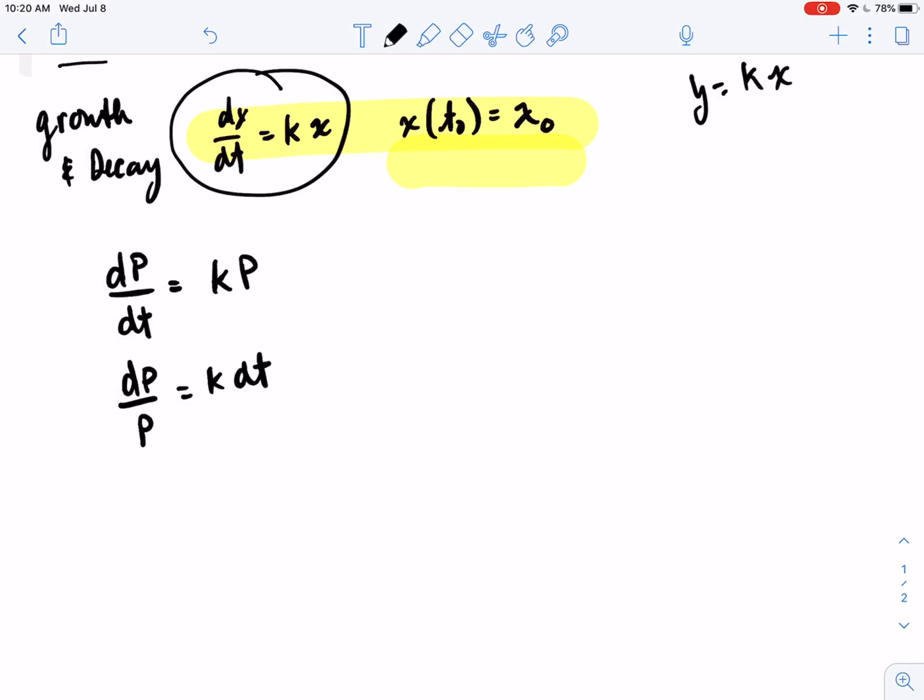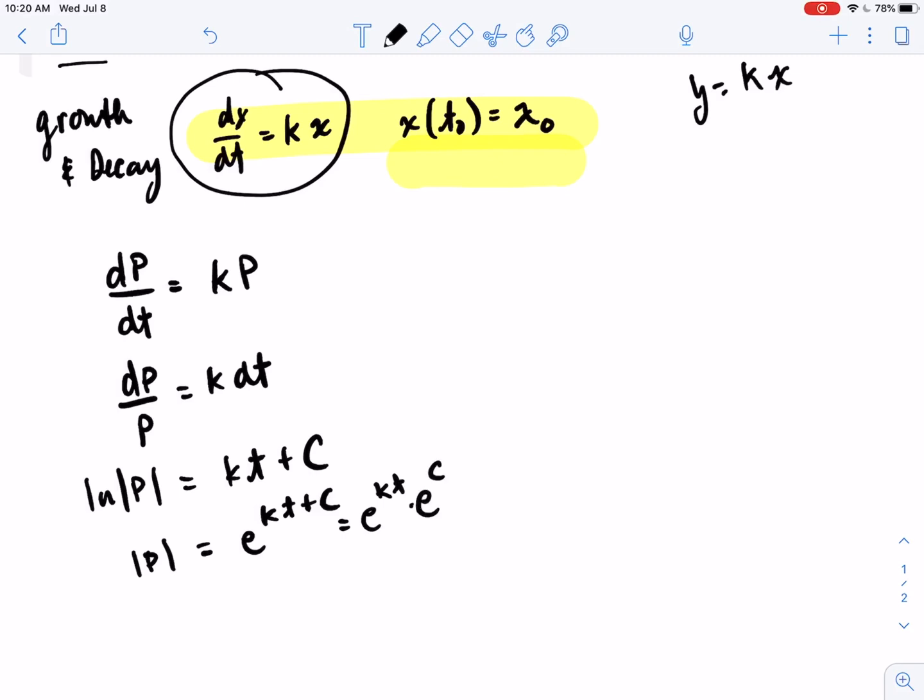So from here I can say, well, I know ln absolute value of P is going to equal kt plus C. So when you raise it to the e, e^(kt+C). And just remember that e^(kt+C) is really e^(kt) times e^C. And again, that's still going to be a constant. So now I'm just going to write my equation as C e to the kt.